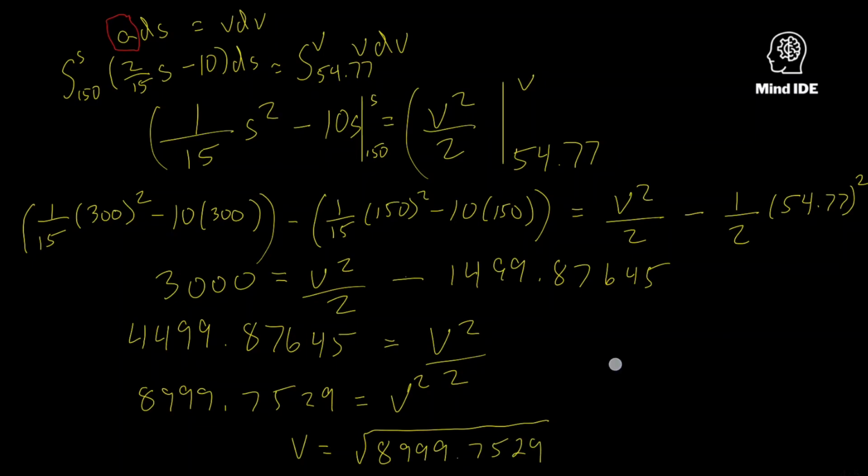So at s equals 300 feet, v equals, let's see what this number is, 94.87 feet per second. All right. And so that's how you solve that.